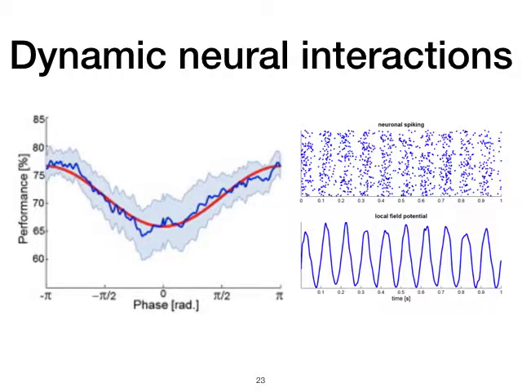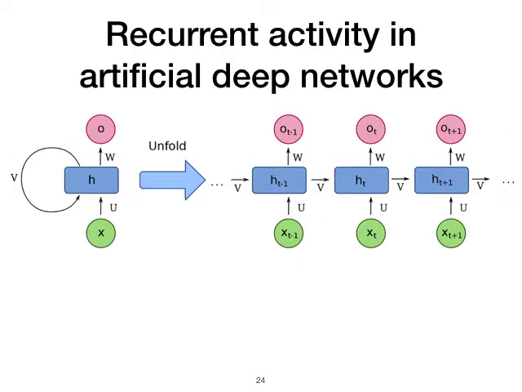All right. Here we are going to quickly look at recurrent activity as it's typically modeled in an artificial deep network. This is primarily a way of dealing with time. In a layer with recurrent activity, the activity of each unit at one point in time feeds back to the next point in time.